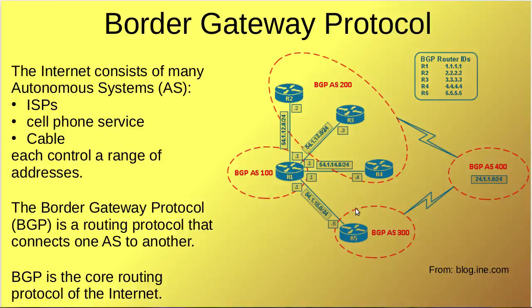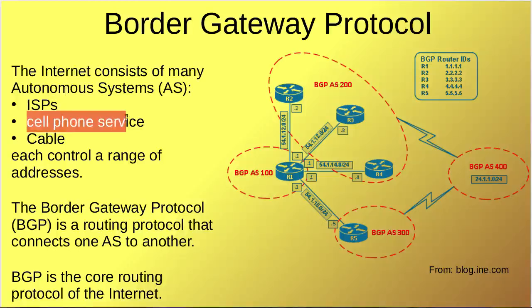Okay, so next we'll take a look at the protocol that routes between smaller networks. The internet consists of many what are called autonomous systems, or ASs. For example, an ISP is responsible for all the subscribers in that service.